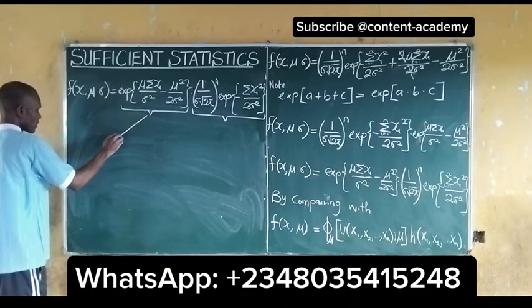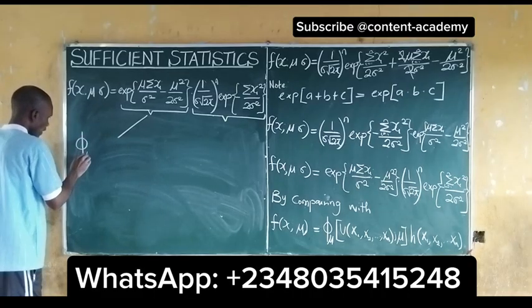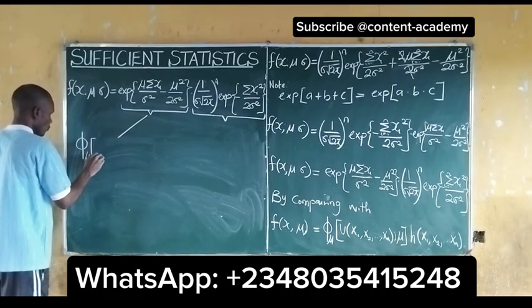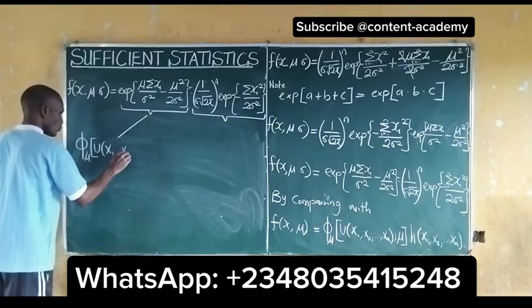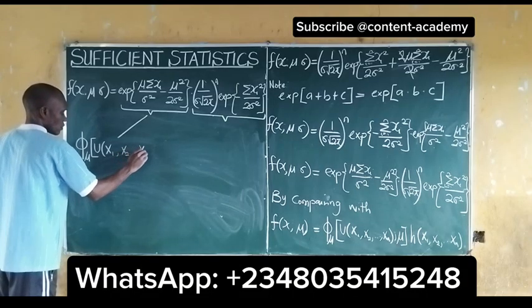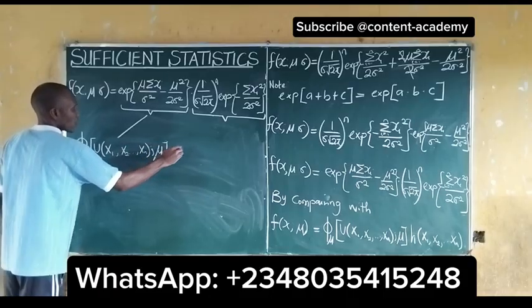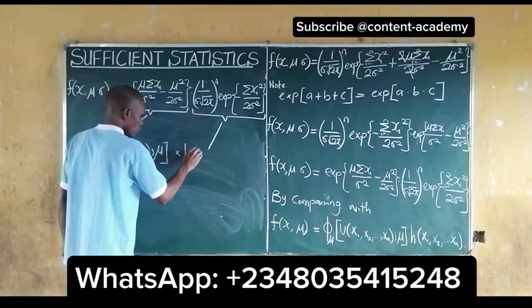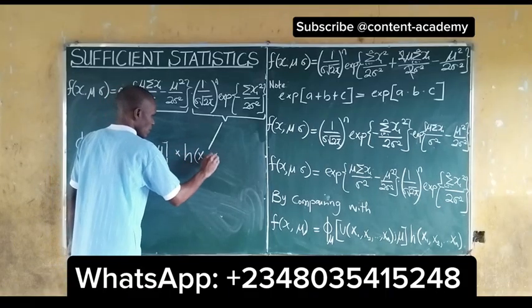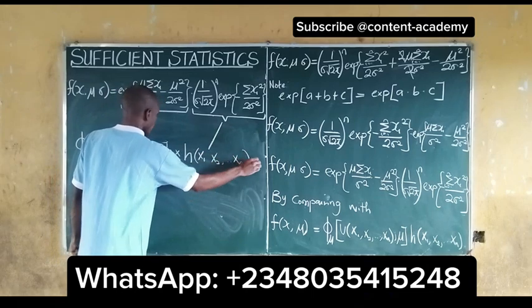So this component gives g of mu, x1, x2 to xn, as it depends on mu, while this component gives h of x1, x2 to xn.